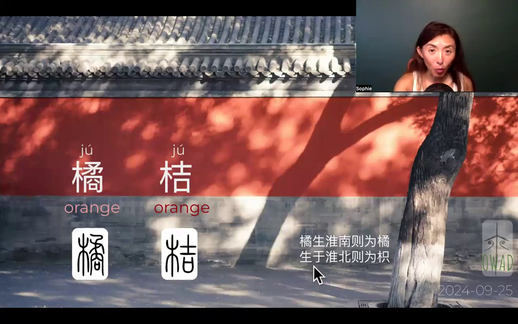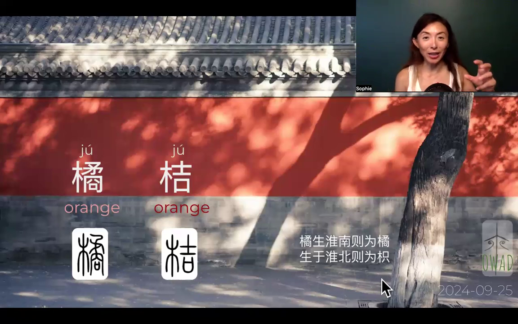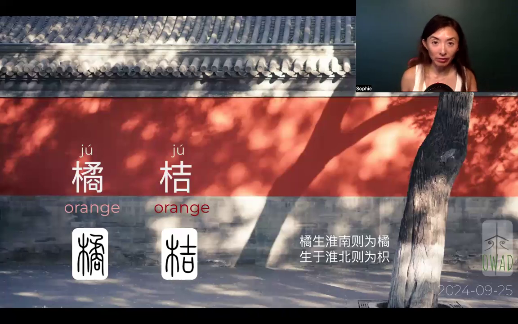But if it's born to the north of that river, then it's inedible. It's no longer a fruit we enjoy. So this talks about environmental influence on the same seed or genes. If it's born in different environments, then they're going to grow into different species. That's quite a deep thought right there, right?